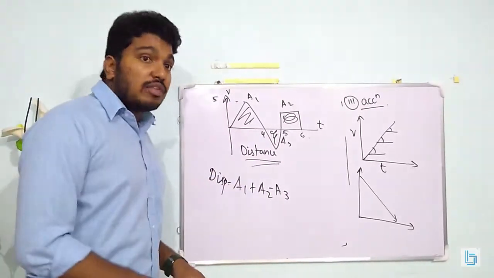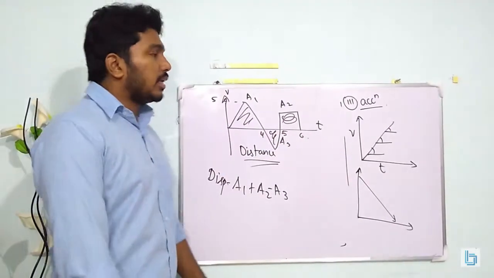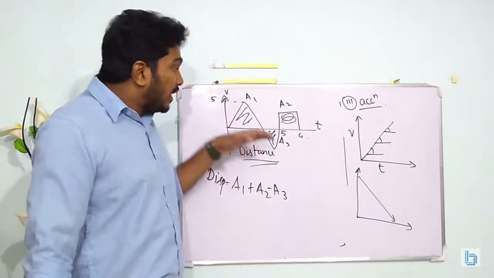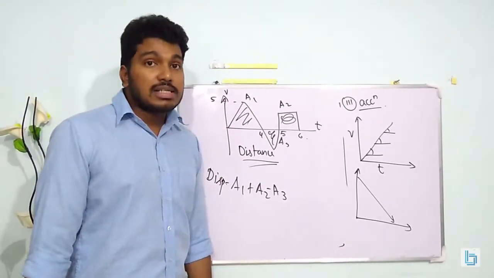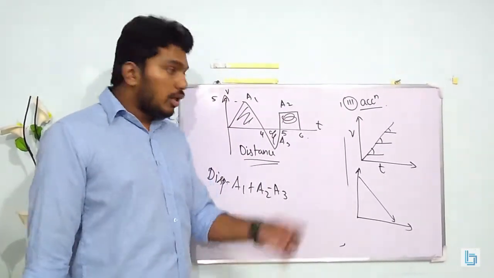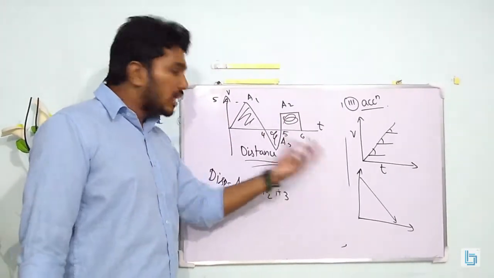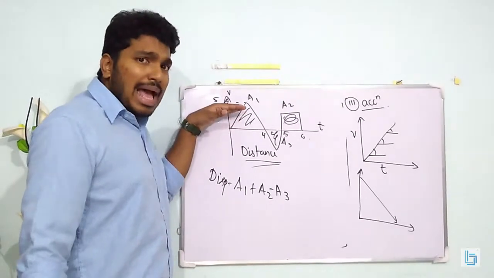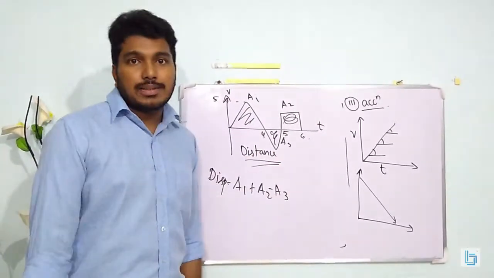And if you have to find distance, it will be A1 plus A2 plus A3. Clear? So by finding the area under the graph, we can find either displacement or distance. Based on the question, you have to apply this. Distance means add up all the areas. Displacement means add up all the areas above the axis minus the area below the axis.